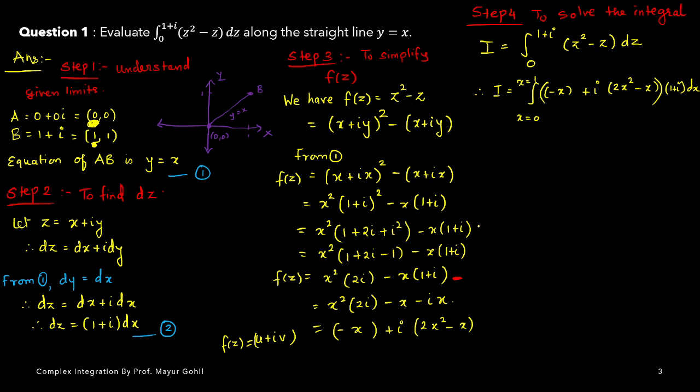Now you integrate this. So on integration we'll get minus of x, integration is x square over 2, from 0 to 1, plus i times 2x cubed by 3, and then there is minus of x, so x square by 2, 0 to 1, and this whole chunk is multiplied by 1 plus i. 1 plus i is a constant complex number, so you can pull it outside or keep it aside.